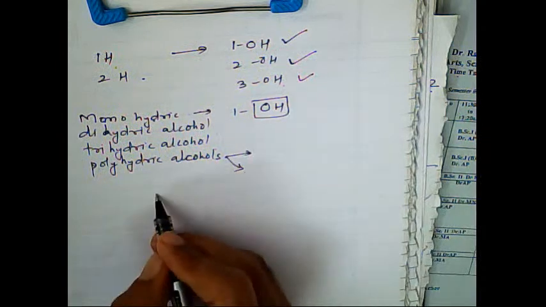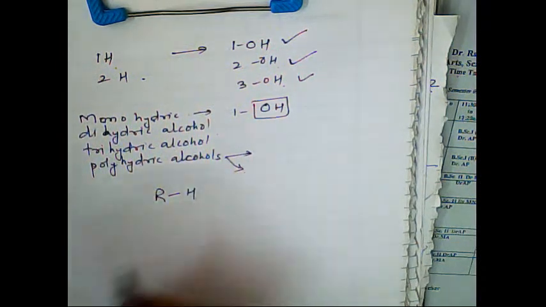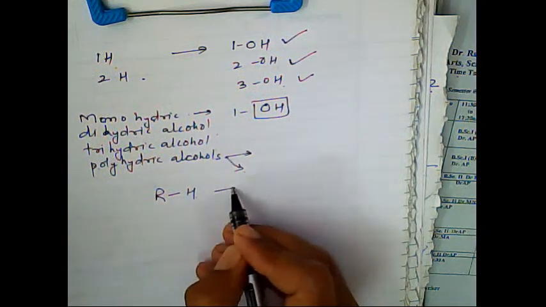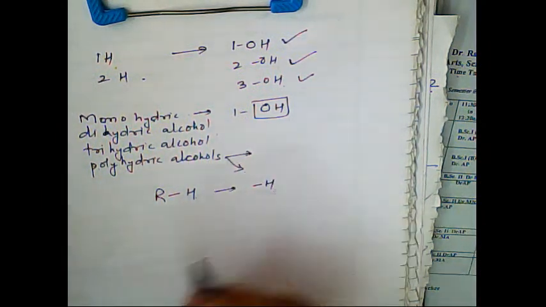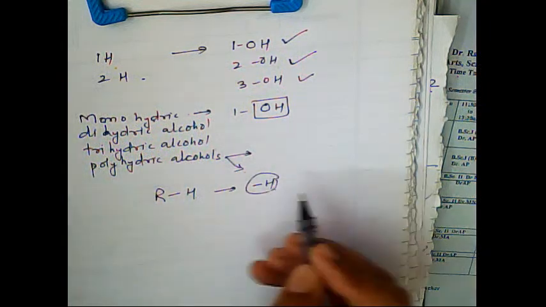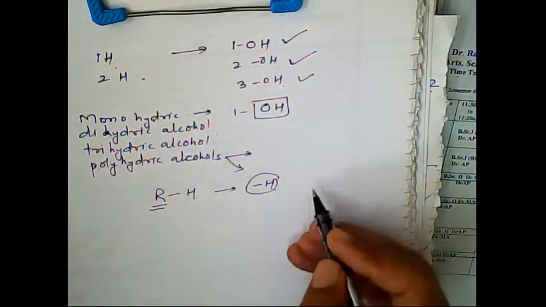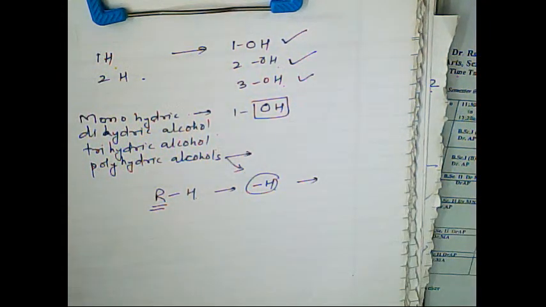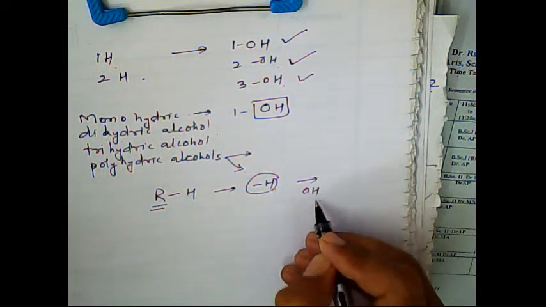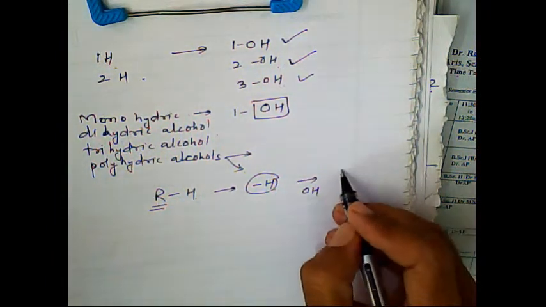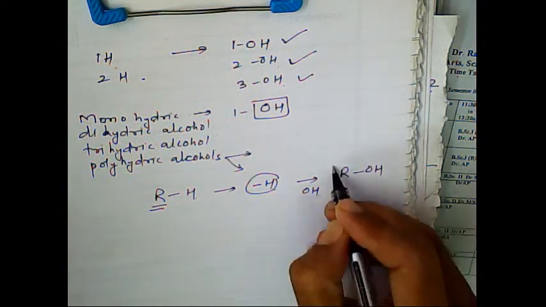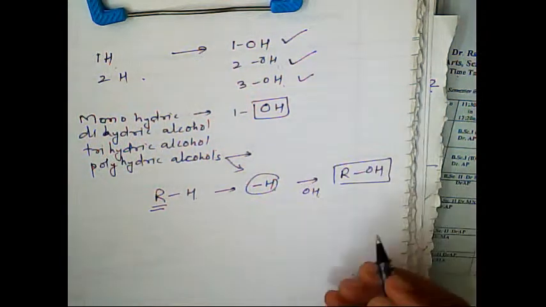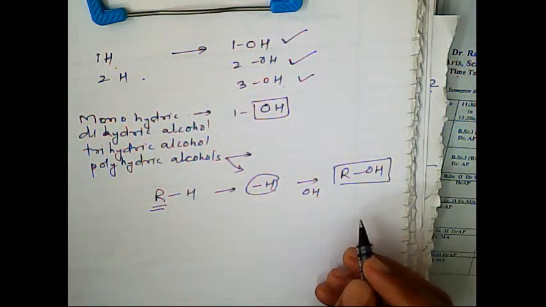The general formula of alkane is RH. We take out one hydrogen, so it becomes R, then add one OH group, so it becomes ROH. So the general formula of monohydric alcohol is ROH.